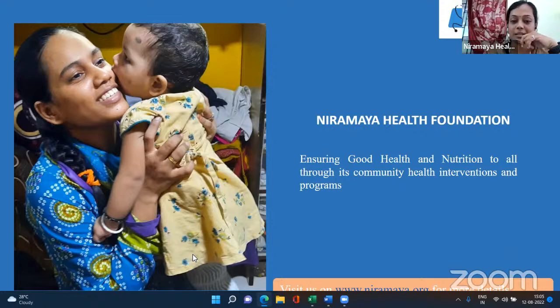Niramaya celebrates World Breastfeeding Week every year in Mumbai slums, and we conduct various events and programs for our beneficiaries in the slums. But we feel that every mother has her own journey, her own struggle, and her own story to share when it comes to breastfeeding. And I feel mothers, be it from any socio-economic condition, face some issues with breastfeeding.